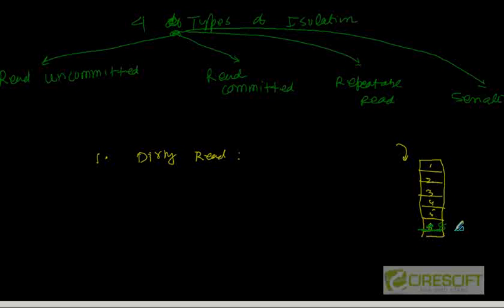That means this is an updated value that has not been committed, and we do not know if that person is going to commit or roll back. If you read the new value, then we are reading dirty data. So this is what is meant by dirty read. And number two is non-repeatable read.